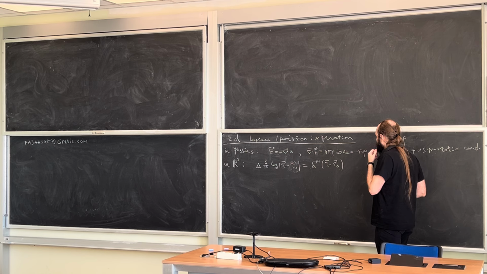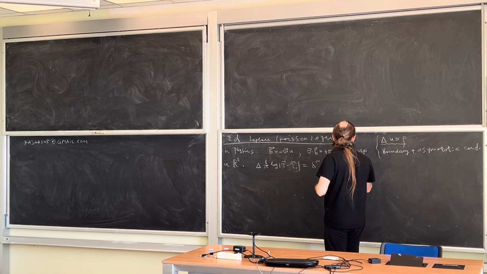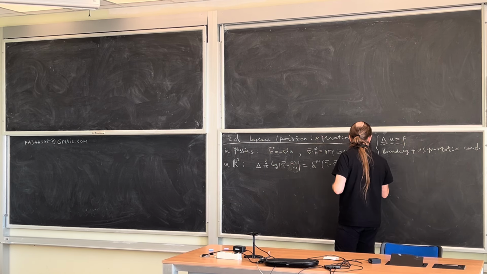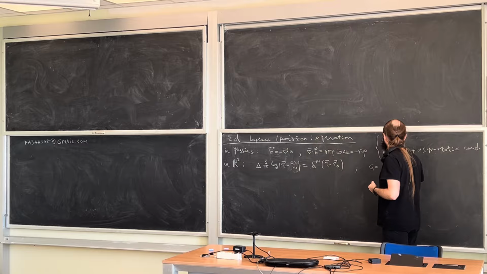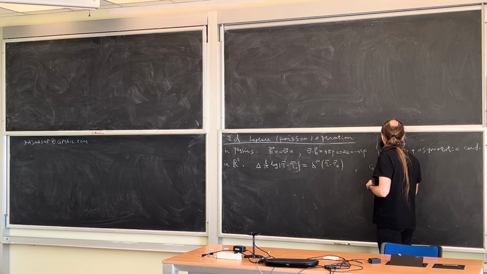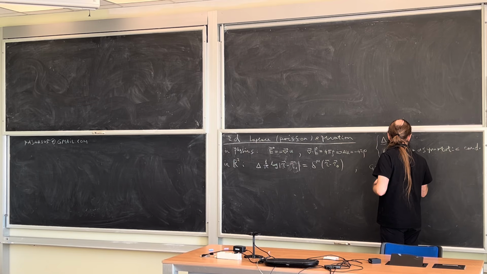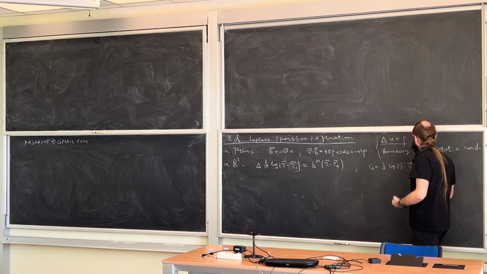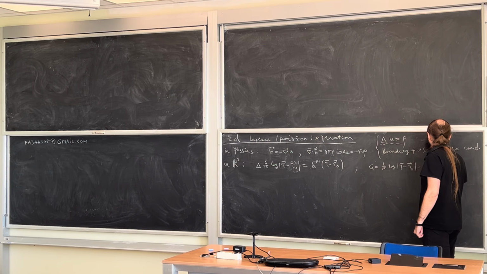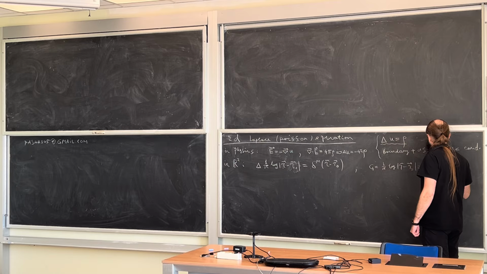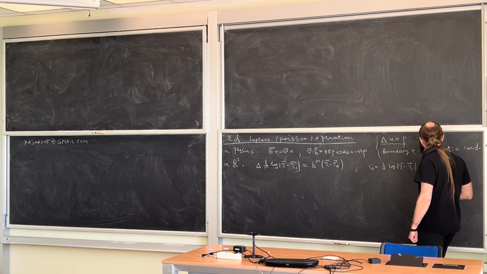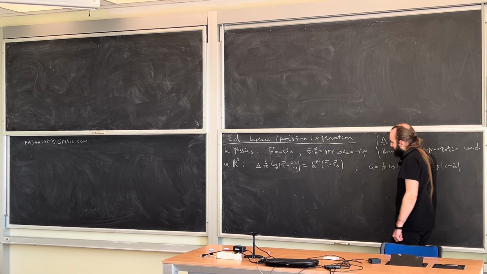So we can say that the Green function is 1 over 2 pi logarithm of the absolute value of r minus r0. Or using complex numbers, it can be written as 1 over 2 pi logarithm of z minus z0. And the same.